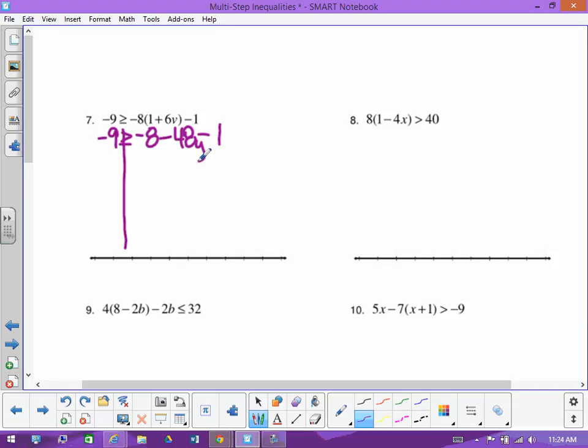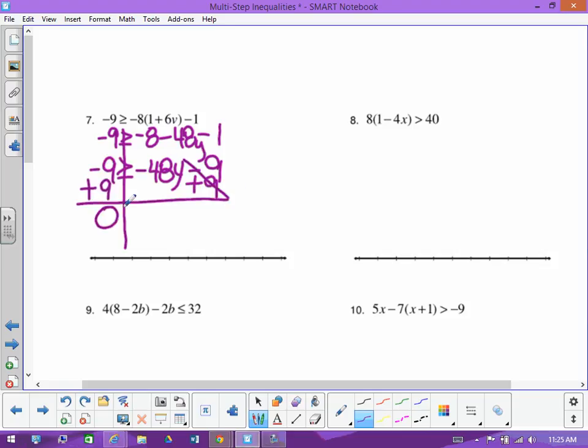So if we combine like terms like we did before, we've still got negative 9 is greater than or equal to. We've got the negative 48 with our letter, be it V or Y, whichever one it is. What's negative 8 minus 1? Negative 9. So what are we going to do to both sides? Also the negative is positive, so we're going to add 9 to both sides.